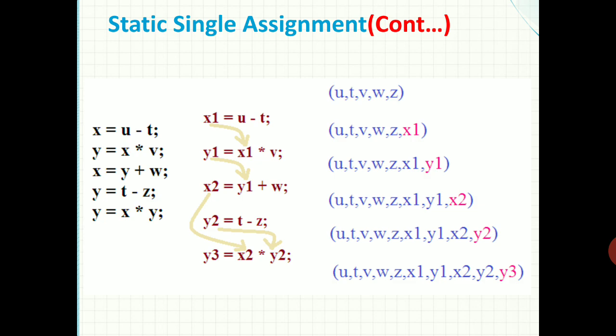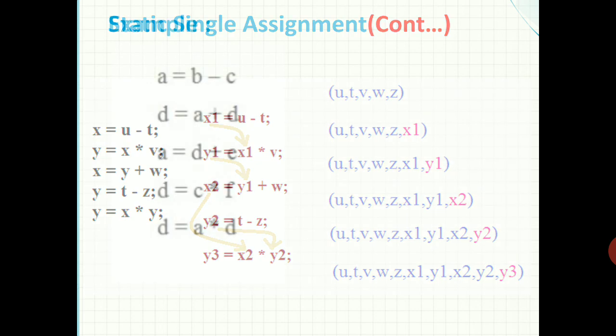So that variable y3 is also added to the variables in the static single assignment. Then y3 equal to x2. x2 means the nearest x value, that is x2. Then the y value will become the nearest y value, that is y2 is used here.